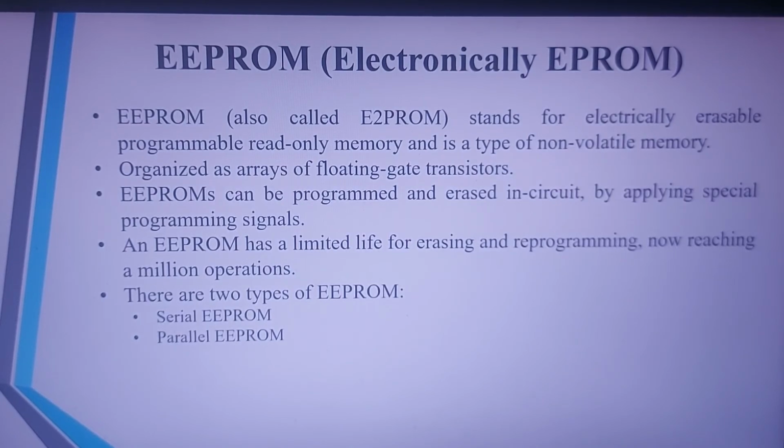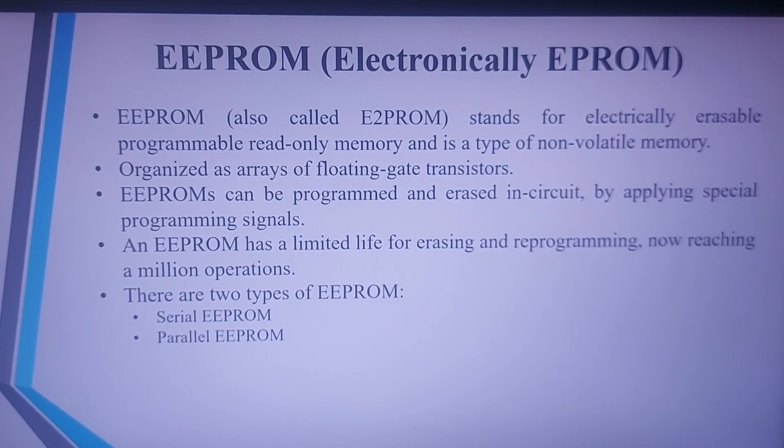Again, these are also organized as arrays of floating gate transistors. Those floating gate transistors are given a particular voltage to erase the content of a particular cell. So a special signal has to be generated with a particular voltage.